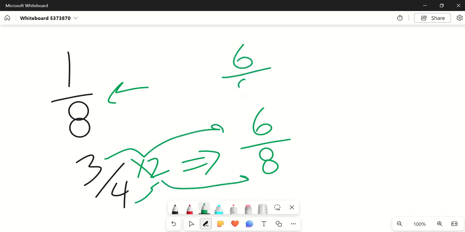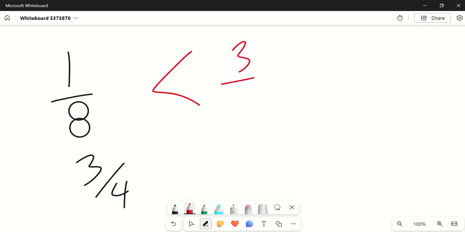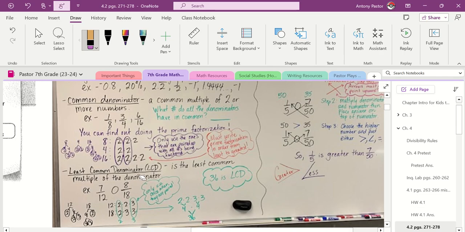So what is bigger, 1/8 or 6/8? 6/8 is definitely bigger. Therefore, 6/8, which was originally 3/4, is bigger than 1/8. And that's why we use common denominators, in order to compare fractions.